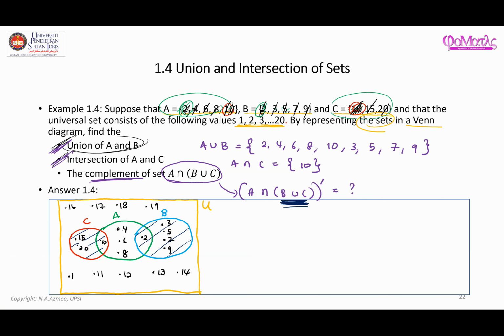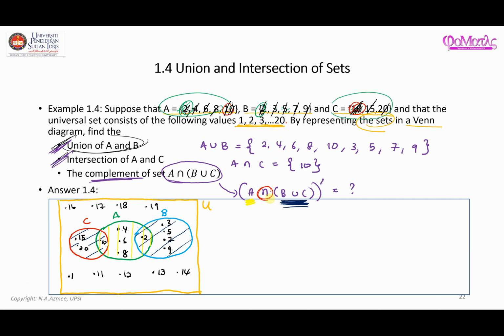Now, what is the area of A? So A is this part. This is all A. Okay. So now we want to consider this yellow area intersect with this black area. So this is intersection.